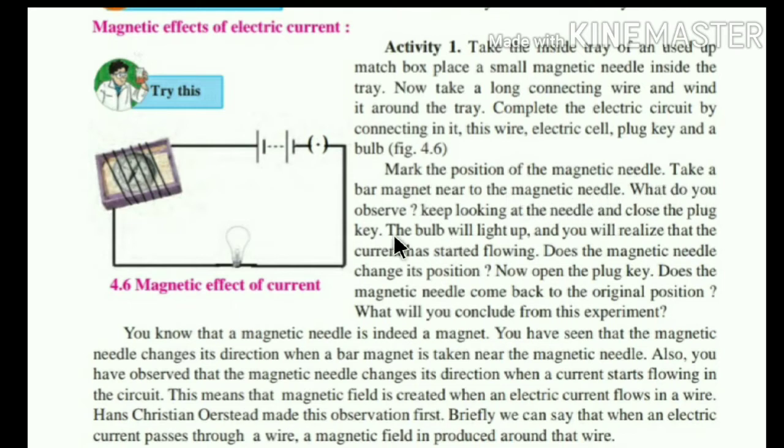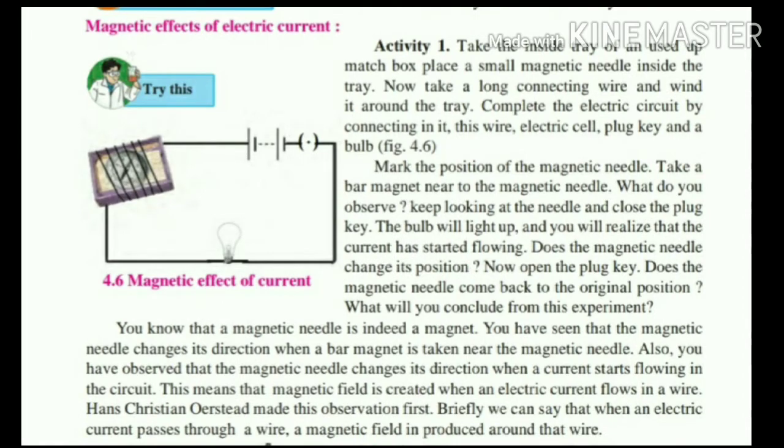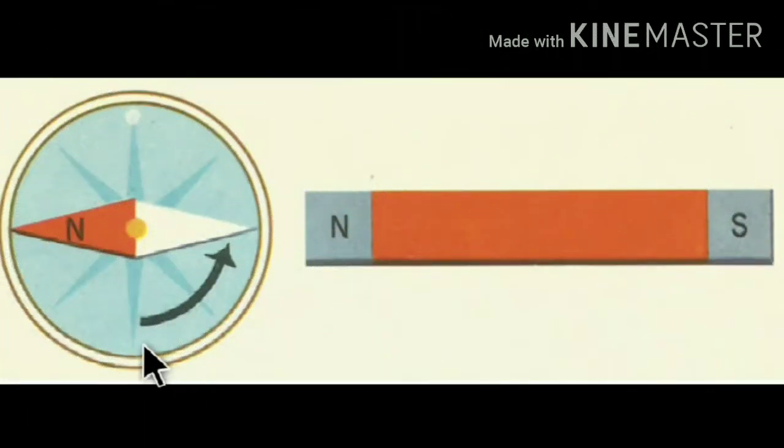What do you observe? You know, students, that a magnetic needle is indeed a magnet.